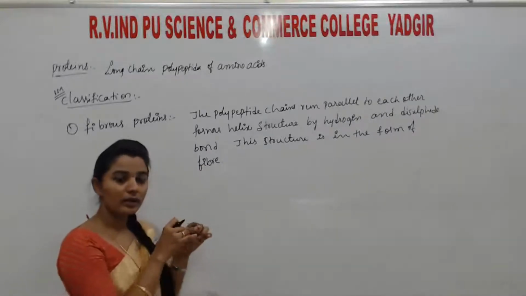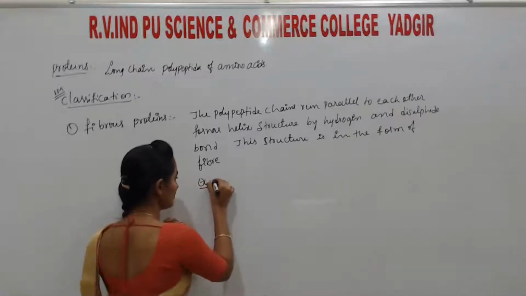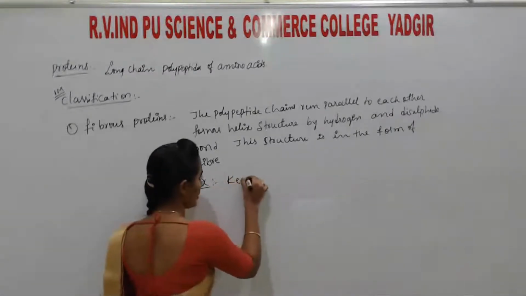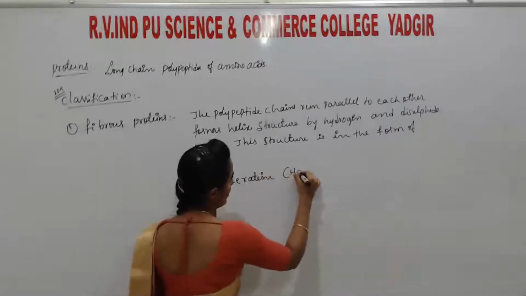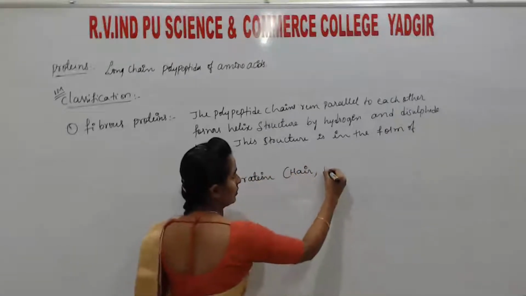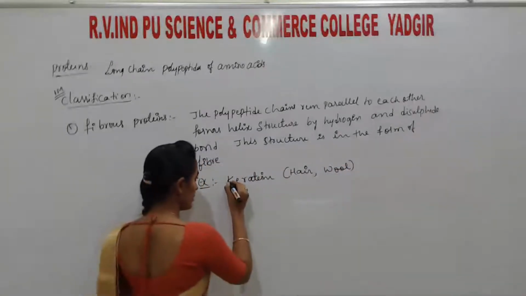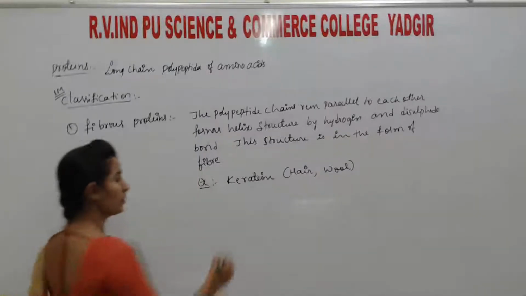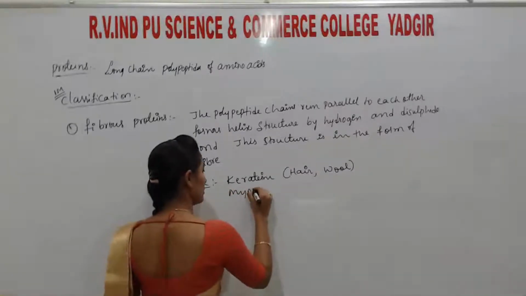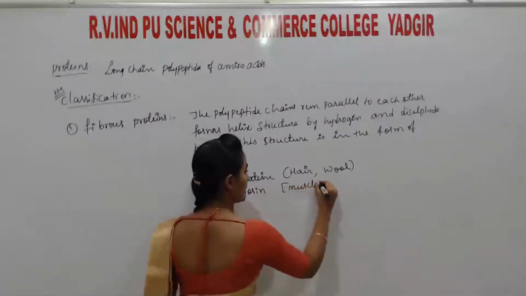It means layer, layer, layer, like fibers. So an example is keratin, which is present in hair, wool, etc. Another one is myosin, which is present in muscles.